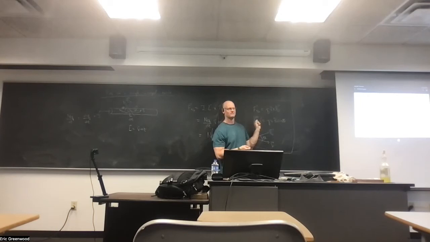Okay? Now, there's another caveat that goes on here. The other caveat is what happens if the charge is negative? For example, an electron moving in an external magnetic field.